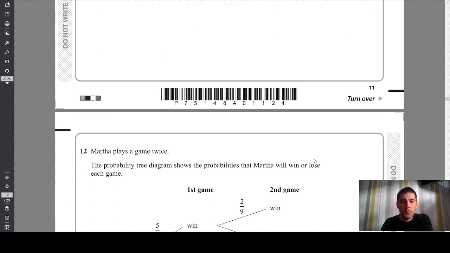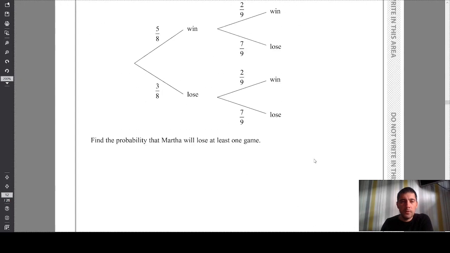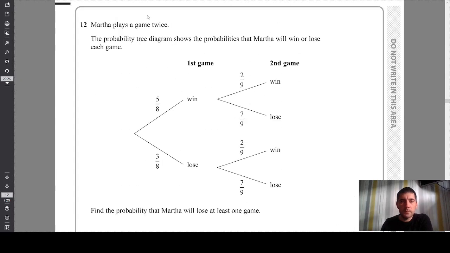So moving to the next question, and probably we'll do the last in this video. So Martha plays a game twice. It doesn't matter what game, just she's playing some game. So the probability tree diagram shows the probabilities that Martha will win or lose each game.